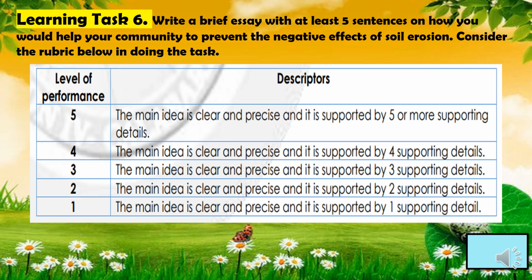You will get 3 points if the main idea is clear and precise and it is supported by 3 supporting details. And you will get 2 points if the main idea is clear and precise and it is supported by 2 supporting details. And you will get 1 point if the main idea is clear and precise and it is supported by 1 supporting detail.